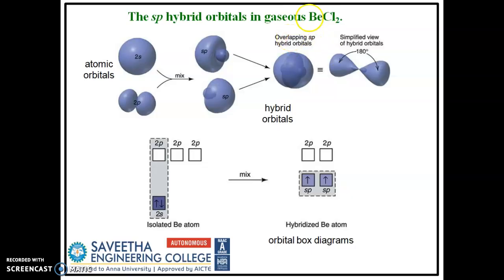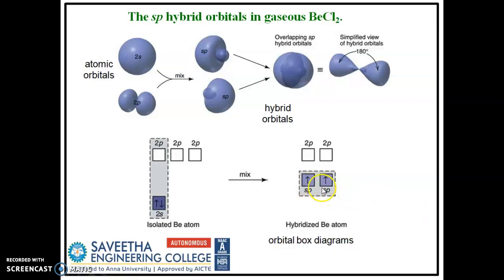Here they have taken a specific example of beryllium chloride. Beryllium has the atomic number 4. It has the electronic configuration of 1s2 and 2s2. In the excited state, a 2s electron moves to a 2p orbital. In the excited state, the two orbitals 2s and 2p mix to form two sp hybrid orbitals.